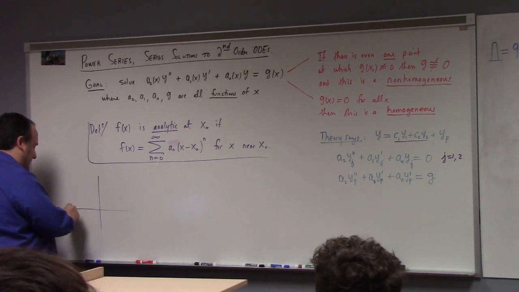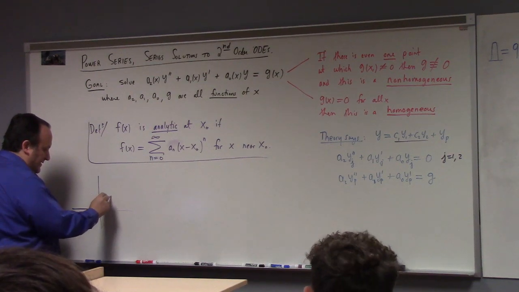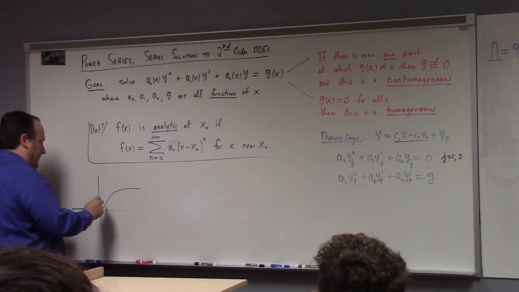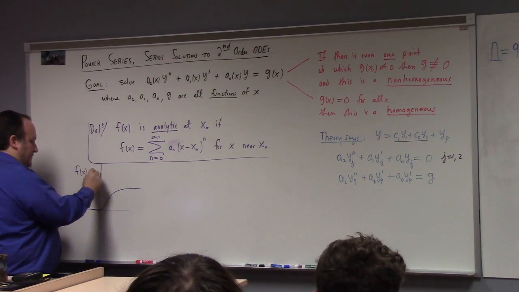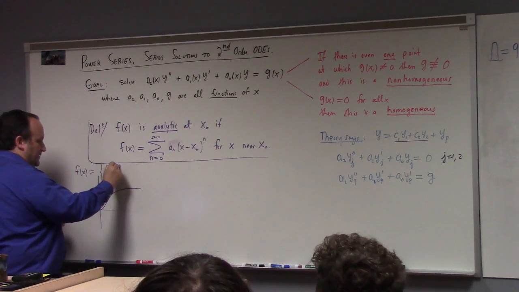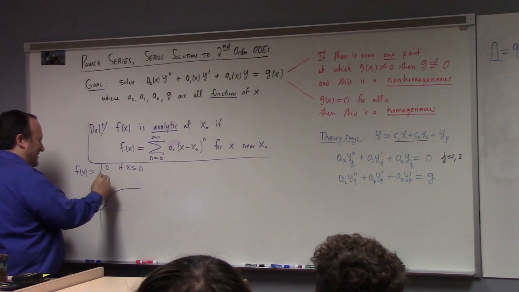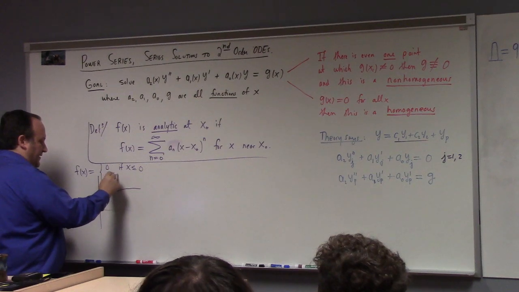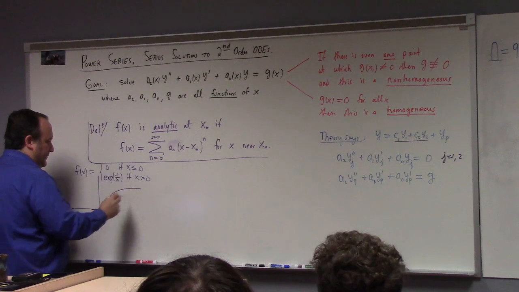You can make a function that's 0 over here, and then it super smoothly comes in and does this kind of thing. Right? It's something like f of x equals 0 for x less than or equal to 0, and I think it's exponential of minus 1 over x if x is greater than 0.